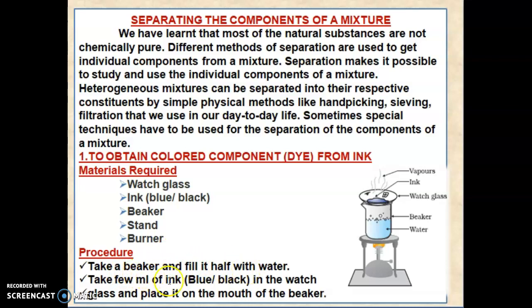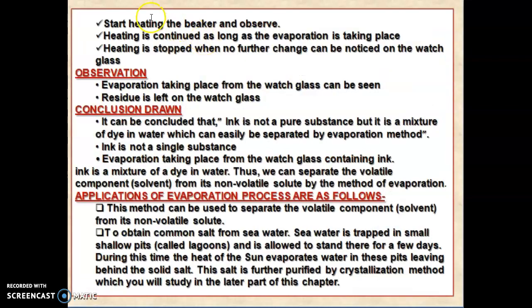Take a few ml of ink, either blue or black, in the watch glass and place it on the mouth of the beaker. Start heating the beaker and observe. Heating is continued as long as evaporation is taking place. Heating is stopped when no further change can be noticed on the watch glass.